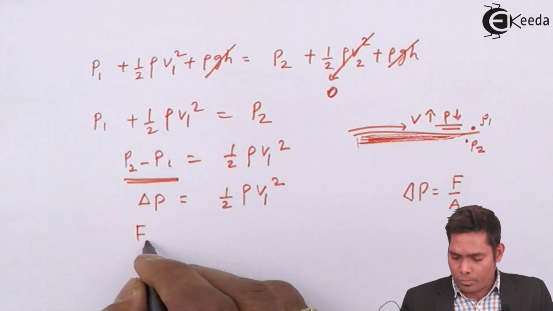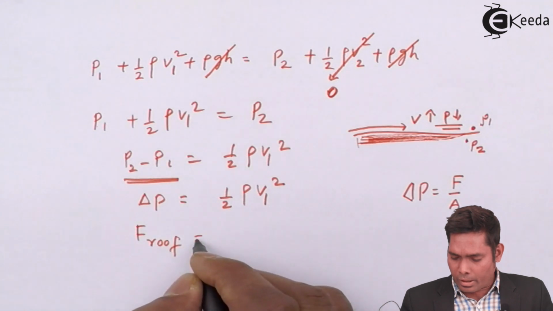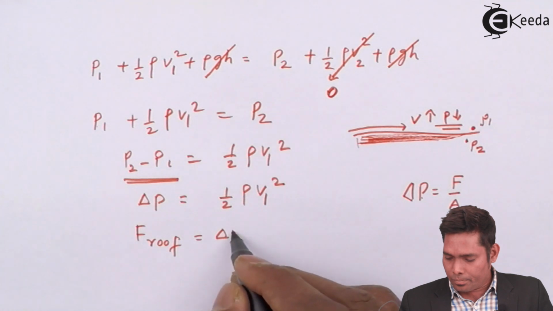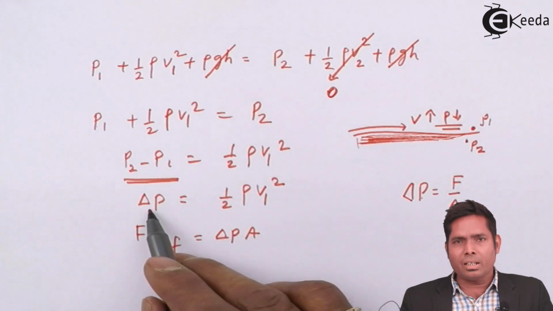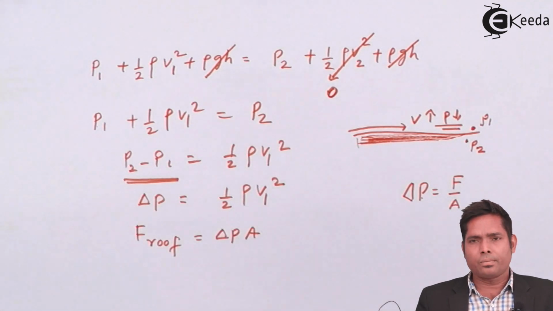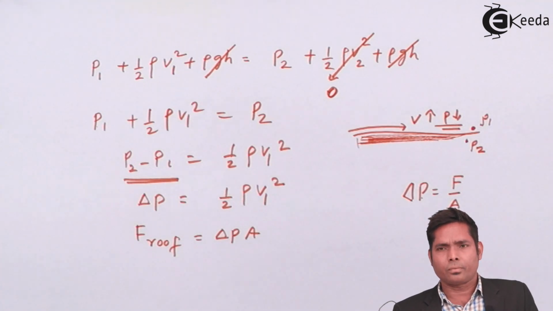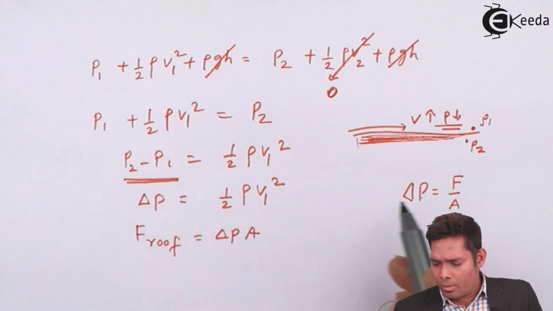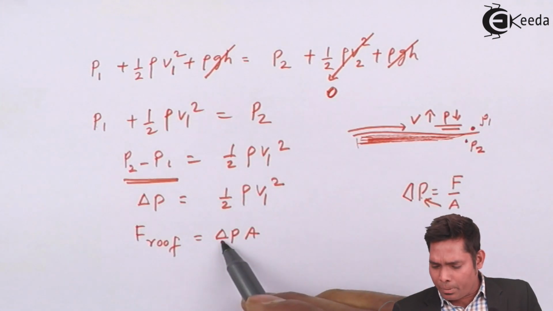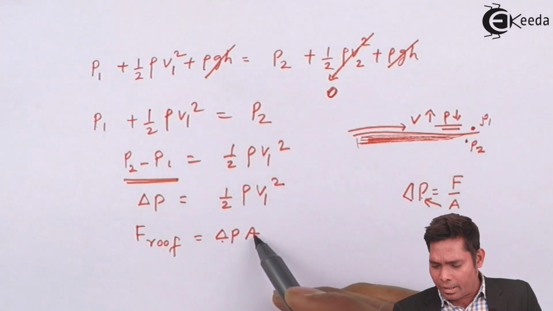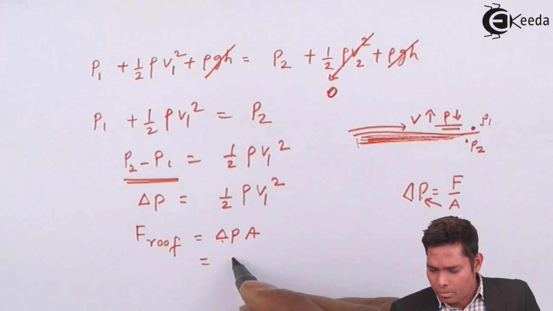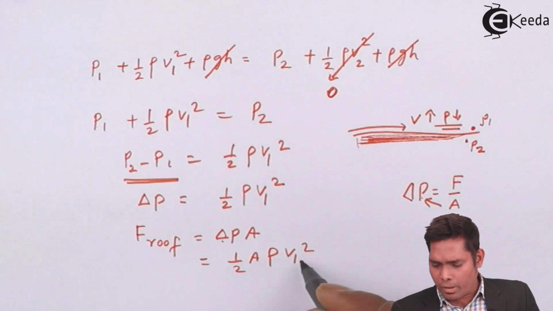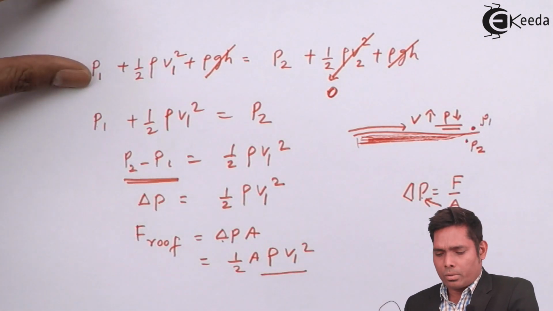Force on roof is this pressure into area, delta P into A, and delta P is half rho V1 square. So this will become half A rho V1 square, so I have to substitute that.